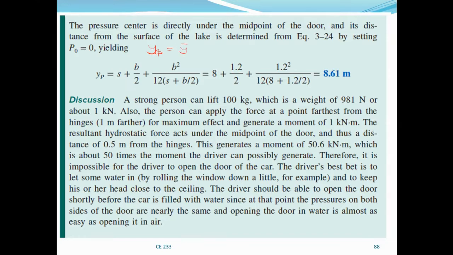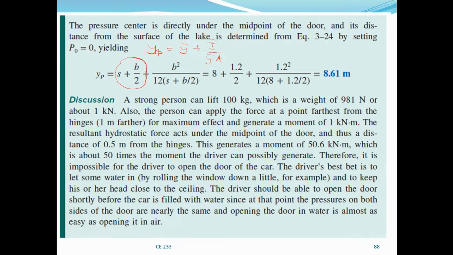It's Y bar plus I bar divided by Y bar A. So in this case, let's analyze. Y bar is the distance of the centroid from the top of the water, which is s plus b over 2.